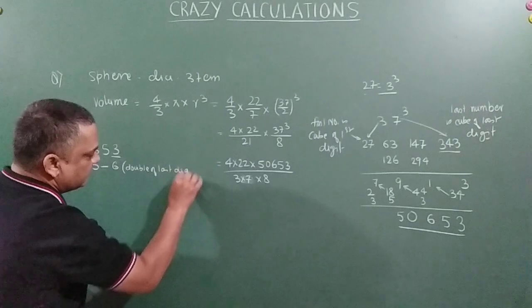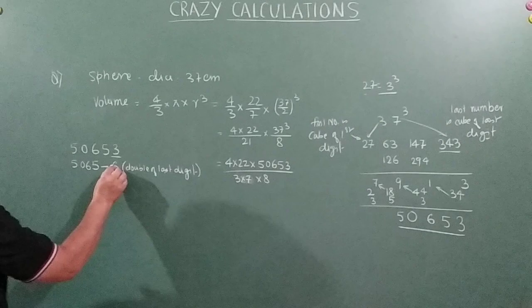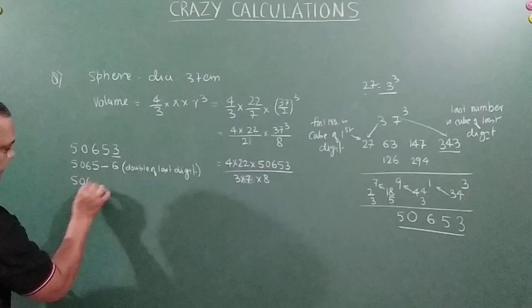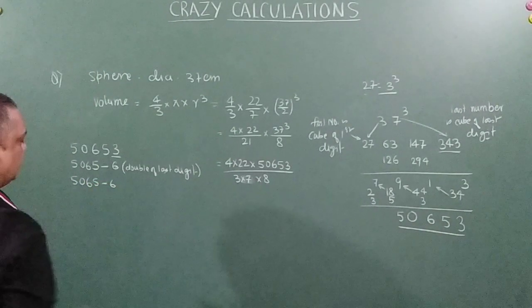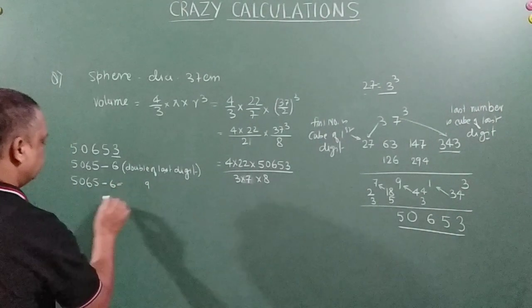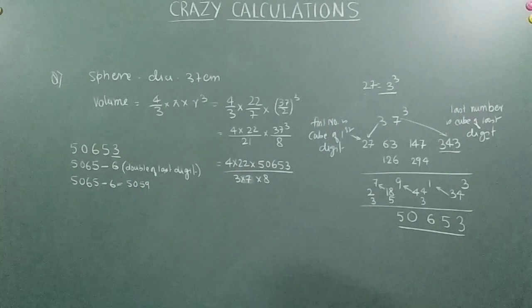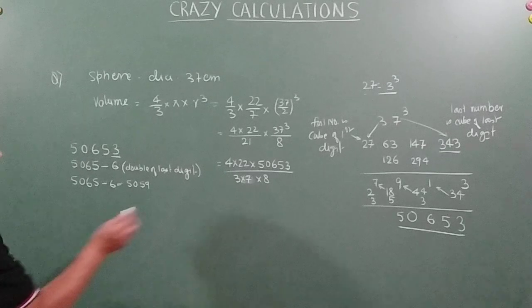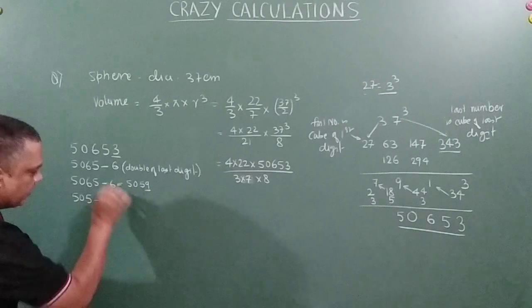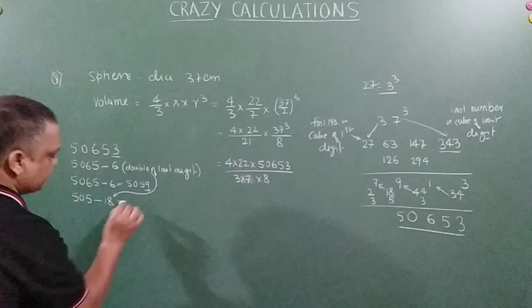I am writing the explanation here. Since I have written it here, I will just take it in the next step and write the answer here. How much will it be, friends? Now 505 minus double of the last digit, again the same thing. How much will it be now?